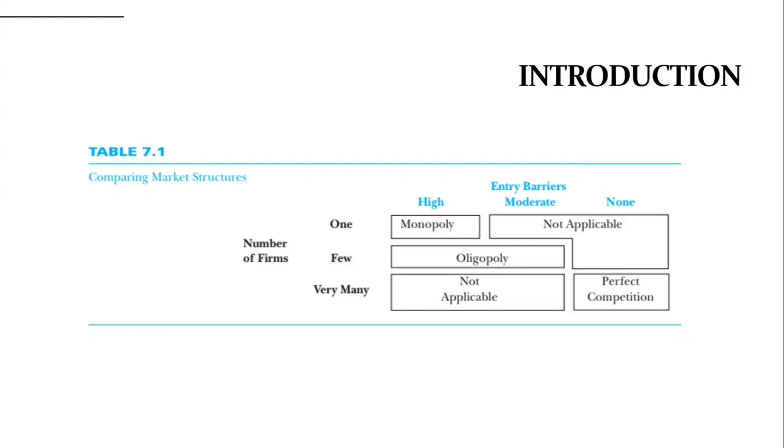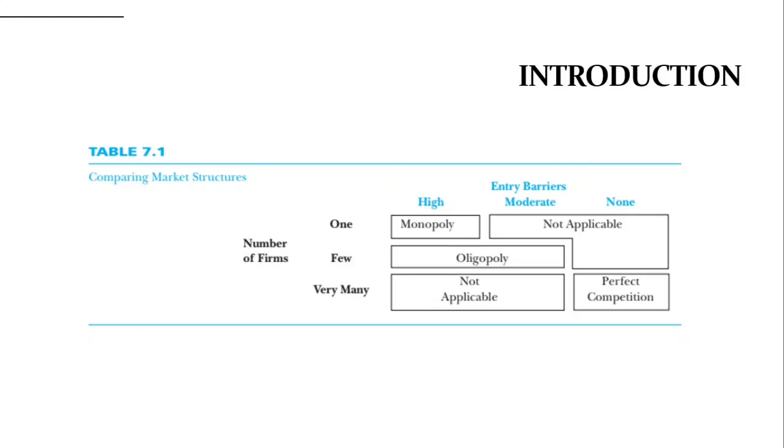And lastly, monopolistic competition, which is not shown in the table, shares several of the characteristics of perfect competition: many small firms competing in the market and an absence of entry barriers. In this sense, it would occupy the same cell as perfect competition.